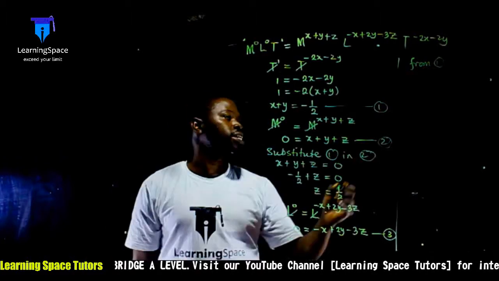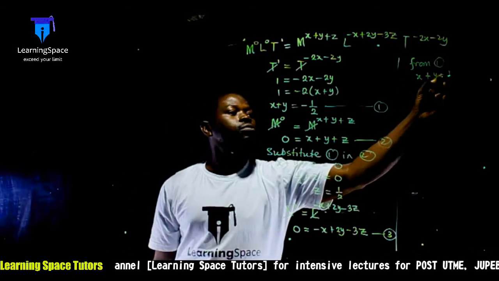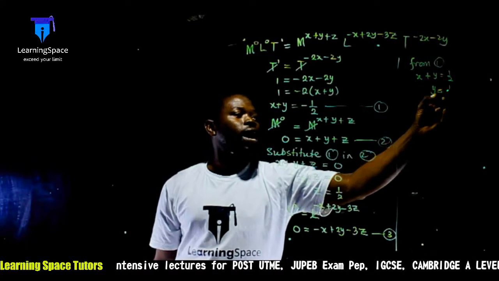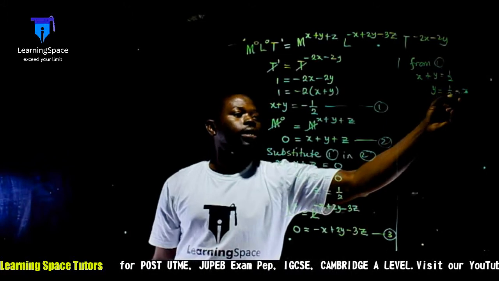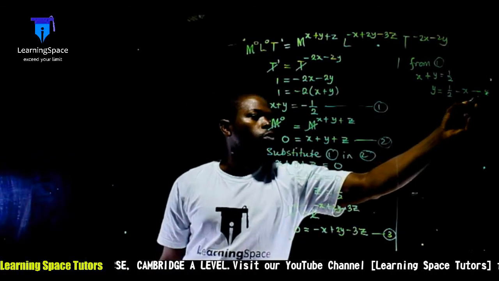We have that x plus y is equal to half, so y can be equal to half minus x. We can call this equation 4.